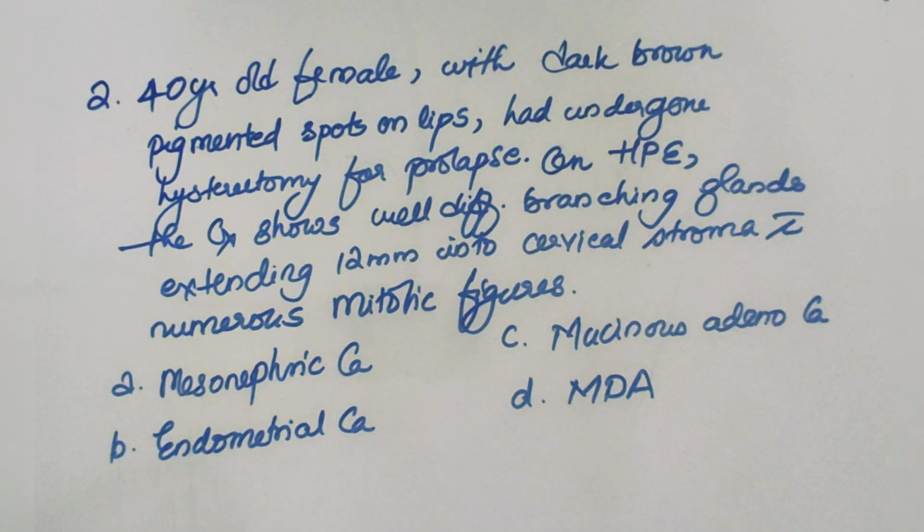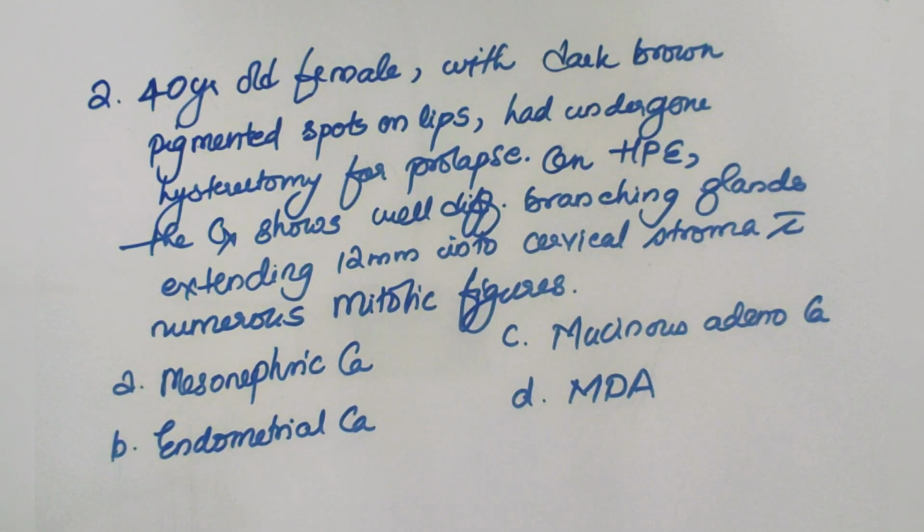So the second question is, a 40-year-old female came with dark brown pigmented spots on the lips and mucosa, had undergone hysterectomy for prolapse. And on histopathological examination, the cervix showed well differentiated branching glands that are extending 12 mm into the cervical stroma with numerous mitotic figures. So what is your answer?